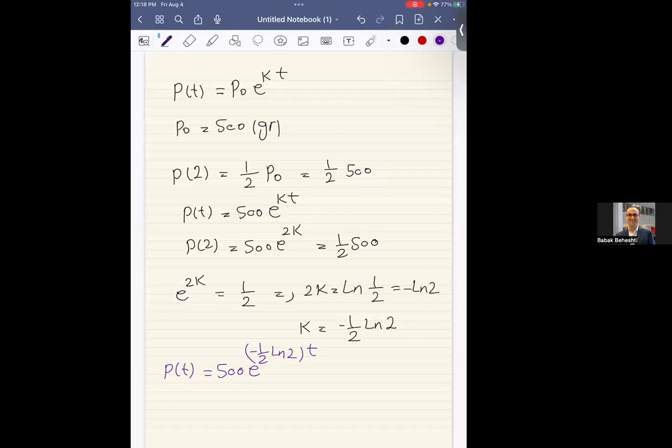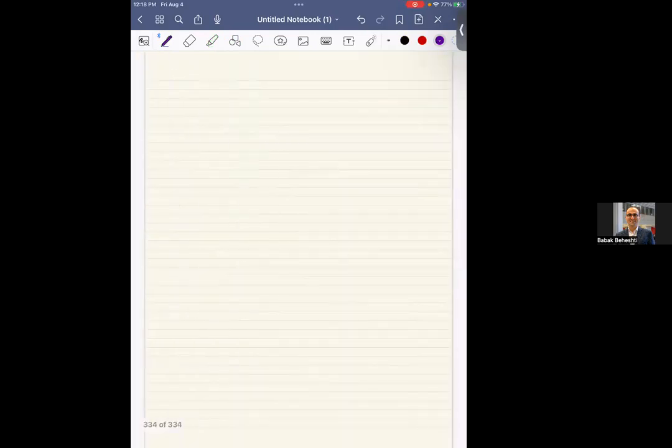But it's good if we can write a more simple equation for my answer. But basically, I'm done here. Now the question is, can we simplify e to the power minus 1/2 ln of 2?